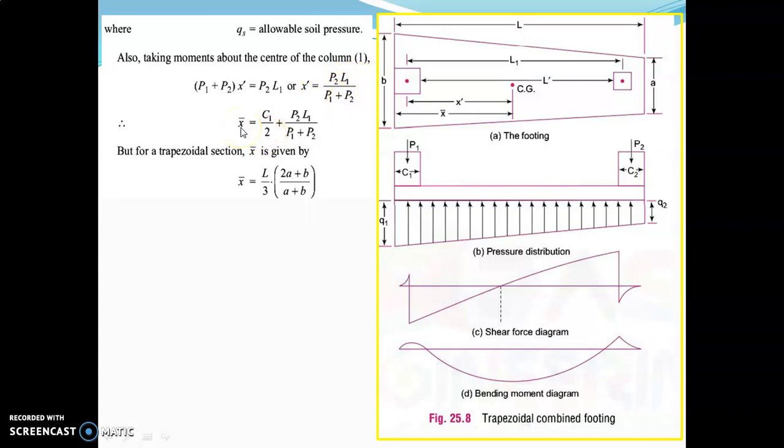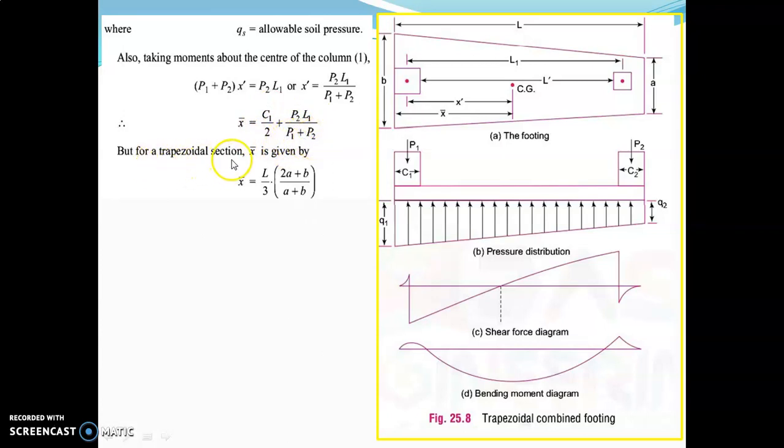First you have to take moments about the center of column 1. Then x bar is equal to C1 divided by 2 plus P2 L1 divided by (P1 plus P2). You just remember this; the derivation is not required.